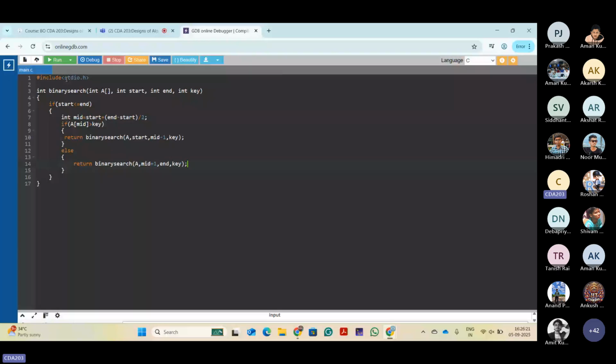After this process, if this element is present, it will be found. If you reach the end of this process, that means it is not present in the array, so in that case it will return something like minus 1.